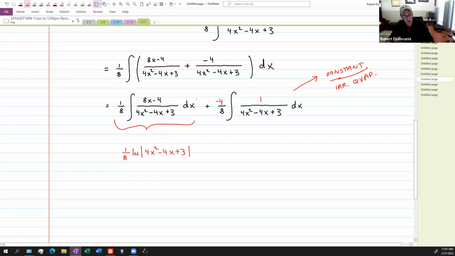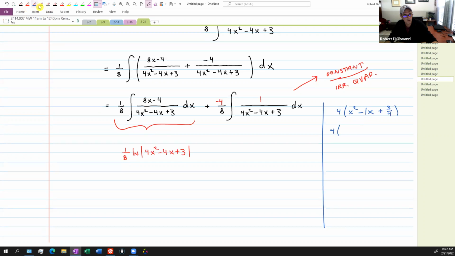So this part of the problem's done. Now this part, let me do a completing of the square. I've got to pull a 4 out first. X squared minus 1x plus 3/4. Okay, 4 here. Look at the number in front of the x, which is a -1, and I take half of it. I'll do that up here.